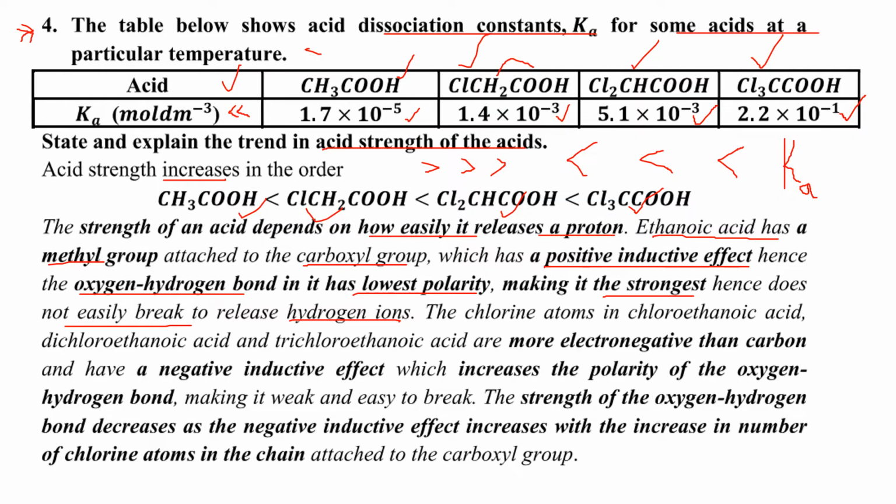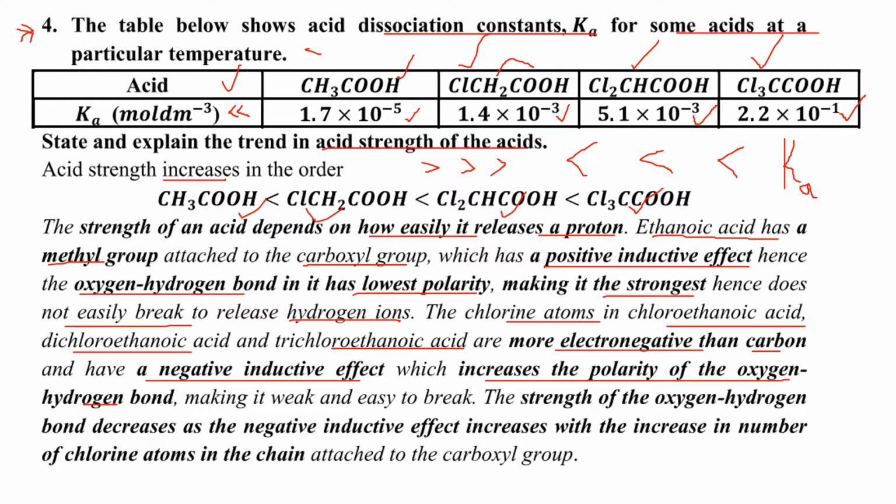Now going to chlorine, we are saying that the chlorine atoms in chloroethanoic acid, dichloroethanoic acid and trichloroethanoic acid are more electronegative than carbon. Therefore, they are going to exert a negative inductive effect, which is going to increase the polarity of the oxygen to hydrogen bond.